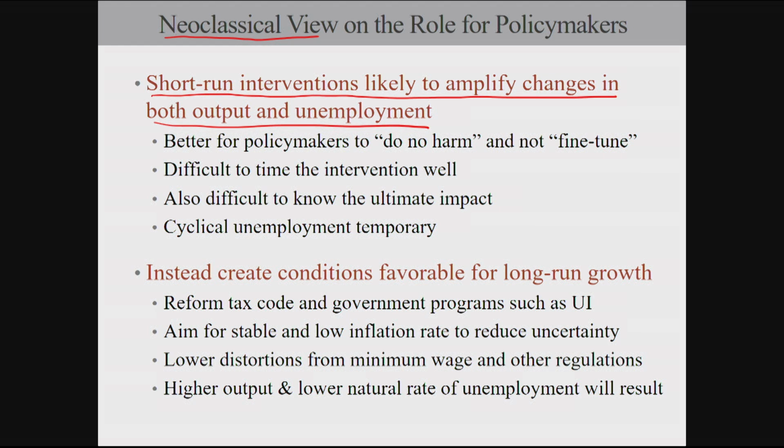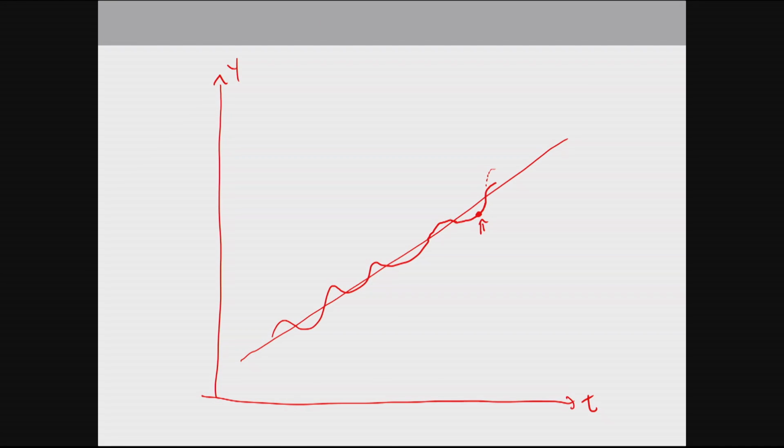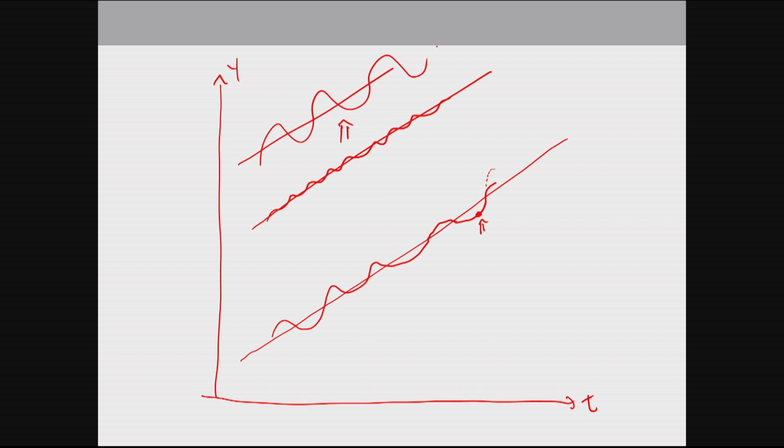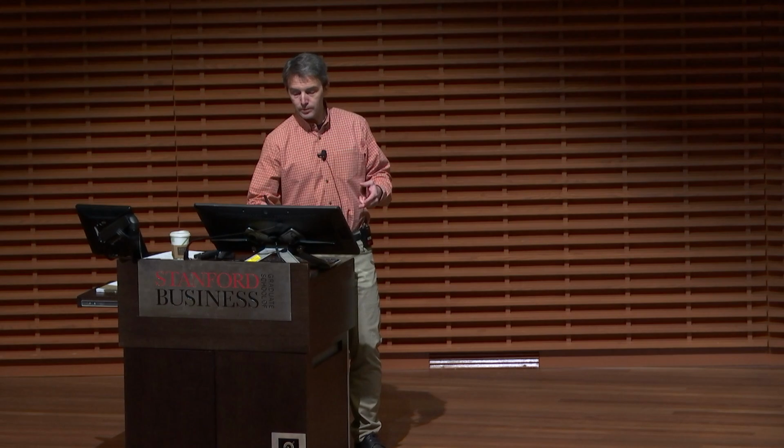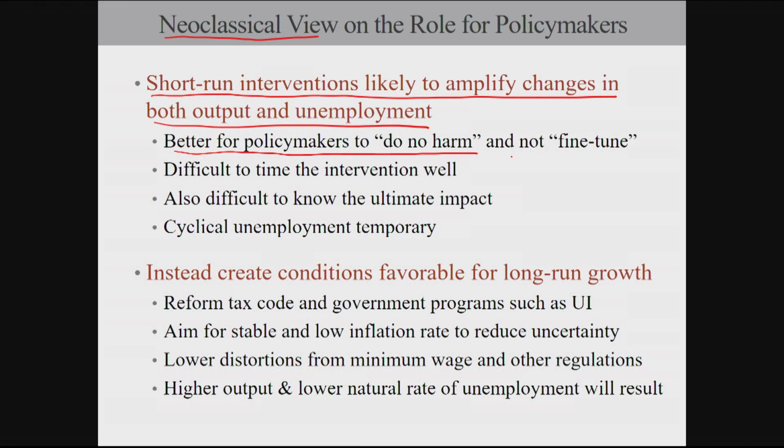In other words, in the neoclassical view, in the absence of government involvement, we might see fluctuations like this, whereas with government involvement, the fluctuations might be much greater. And so it's better for governments to not try to intervene because it's going to be hard to get the timing right. It's going to be hard to know what the effect of the policy will be. So it's better for policymakers to do no harm and to not try to fine-tune things.